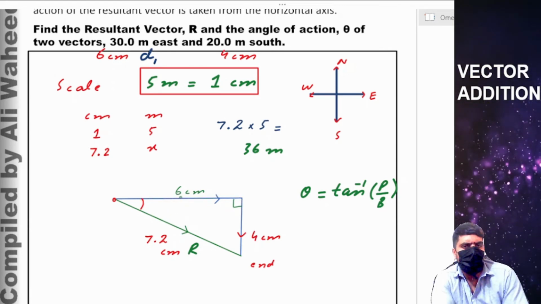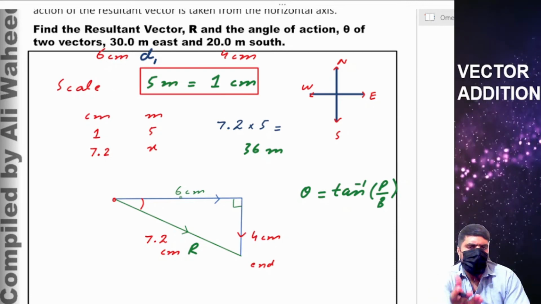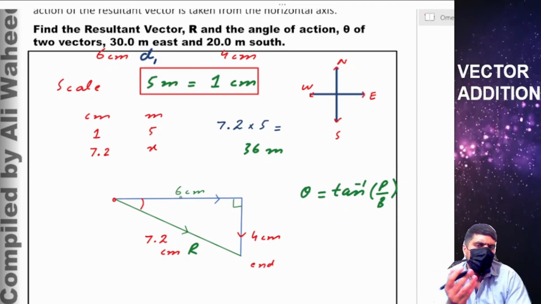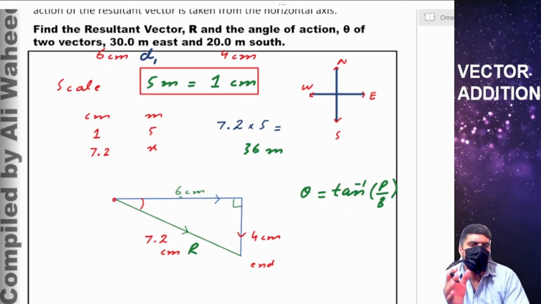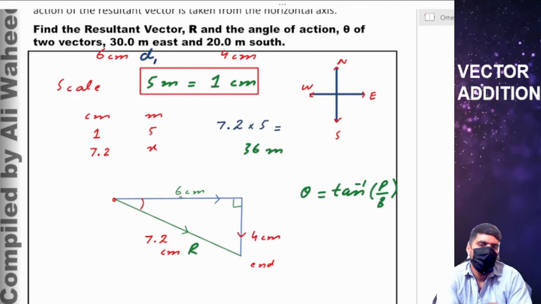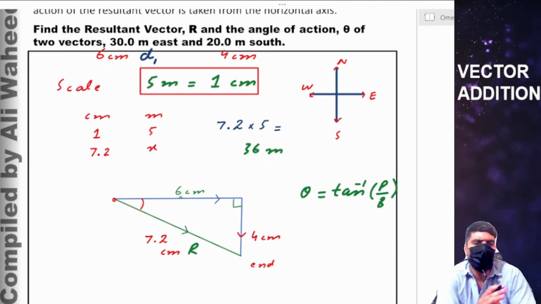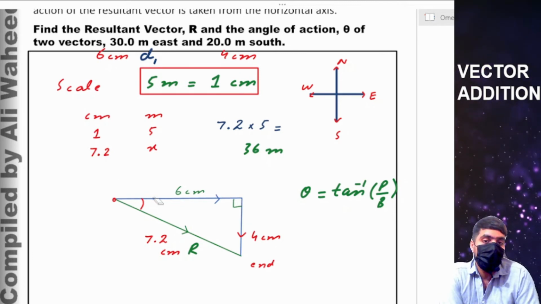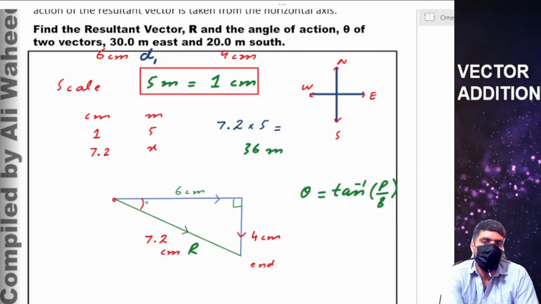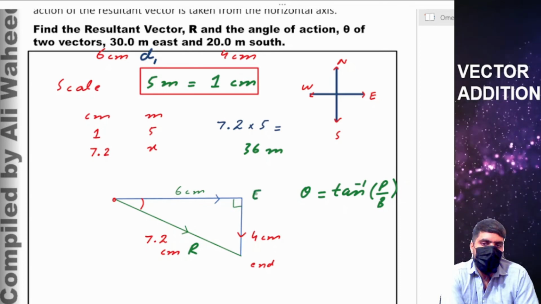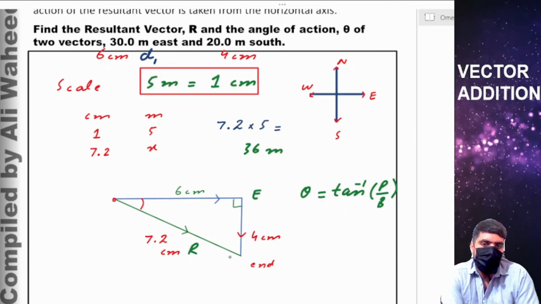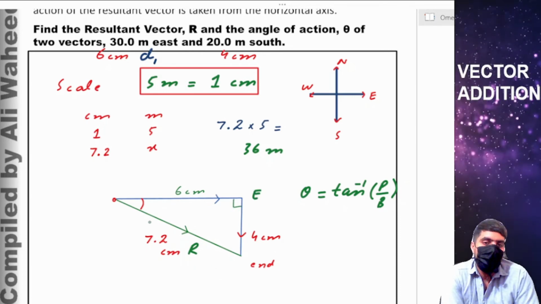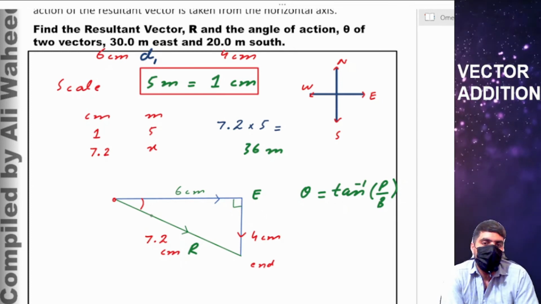Apparently it looks somewhere 30 to 35, or might be between 35 and 40 as well. If the question was find the angle between east and the resultant, then east is on this side, the resultant is in this direction, and the angle between east and the resultant would be this one.